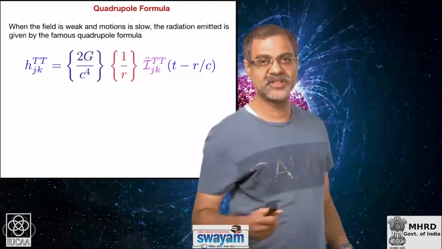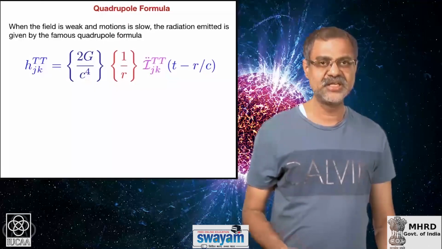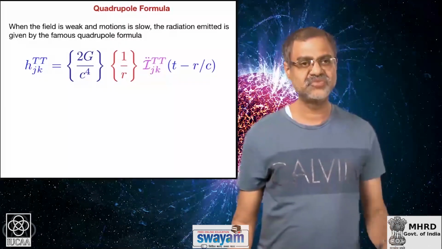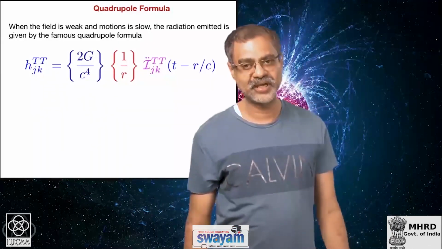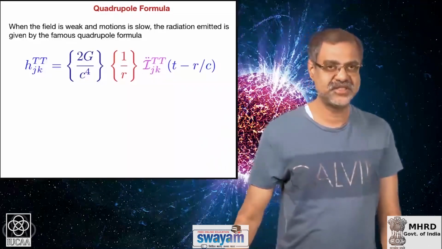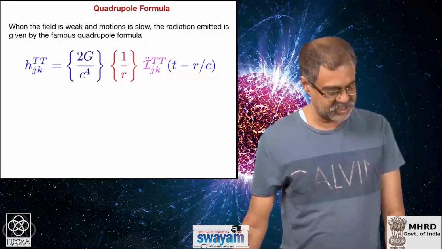Let us start with the quadrupole formula, which is basically summarized here, which gives the amplitude of gravitational wave radiation emitted in the TT gauge. The TT stands for the transverse traceless gauge.